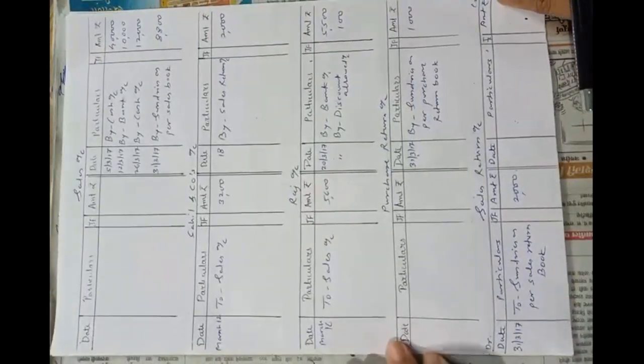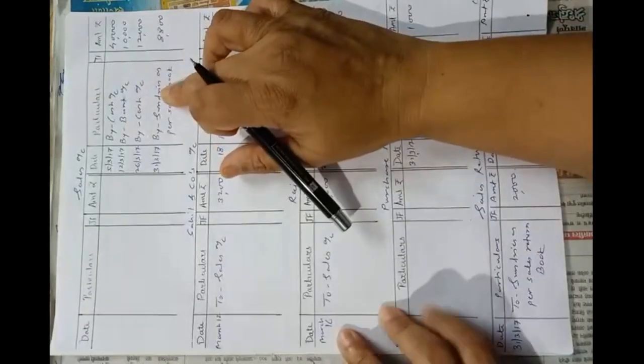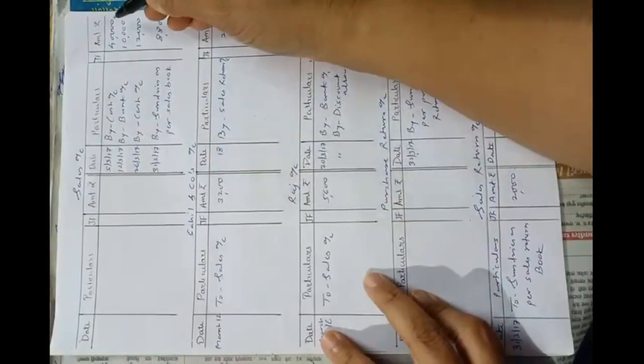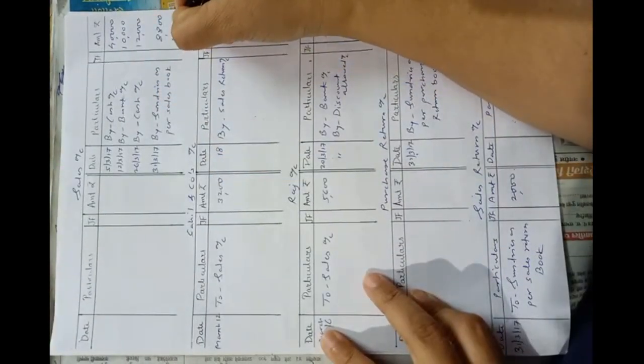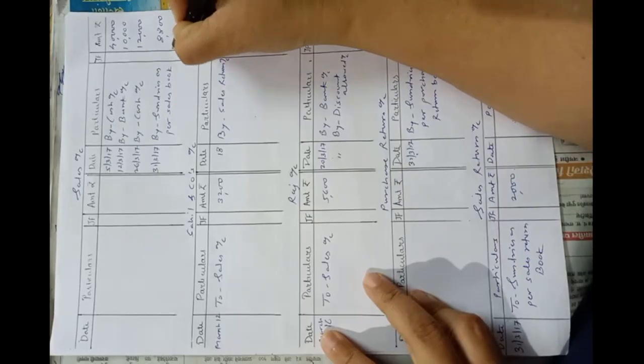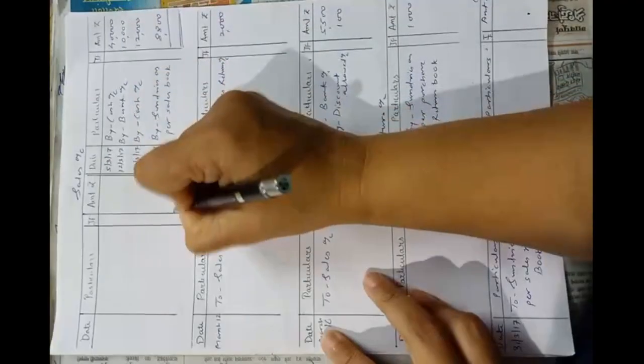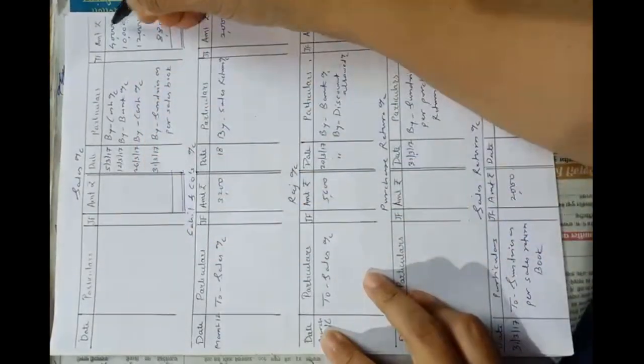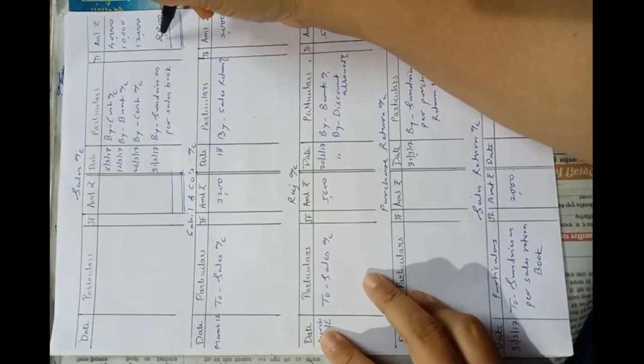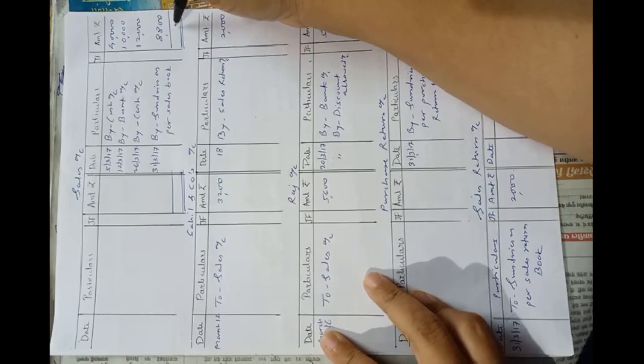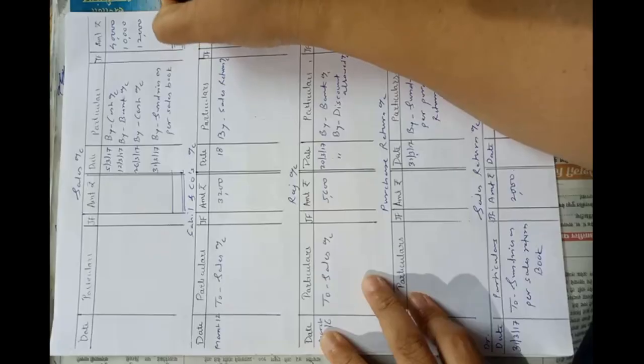Okay, now next account, that is sales account. Sales account is here. It is 70,800.